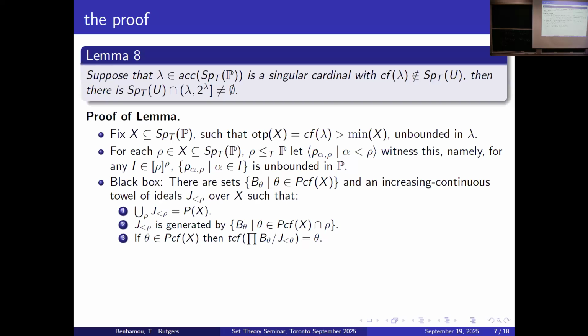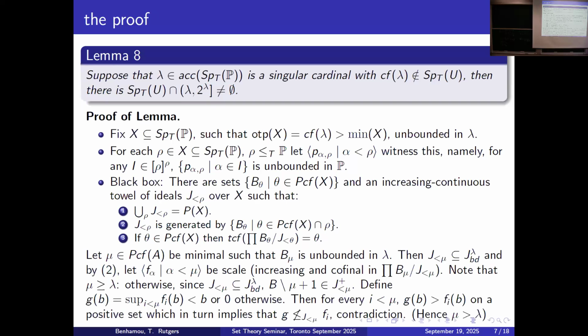Okay, so this is the black box from PCF theory. Now back to the proof. So let mu be, it should be X here, the minimal such that the PCF generator is unbounded in X. So maybe some of them are bounded, but from a certain point, they are unbounded.